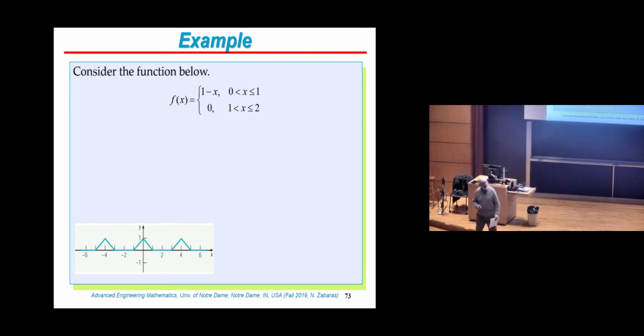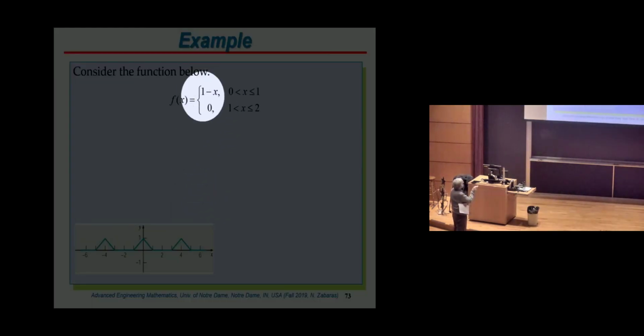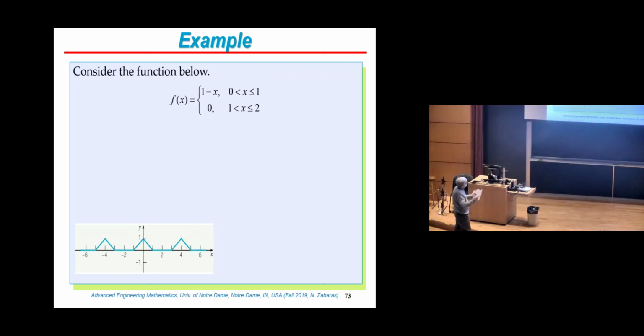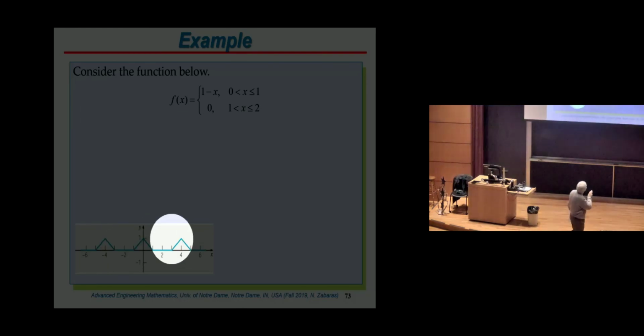Don't look at the picture yet, right? Let me take this function f of x that is 1 minus x from 0 to 1. So from 0 to 1 it is this line that goes from 1 to 0 that you see here. And then between 1 and 2 it is equal to 0. I don't give you anything else, so you don't have this picture that you see there. So this is my function.